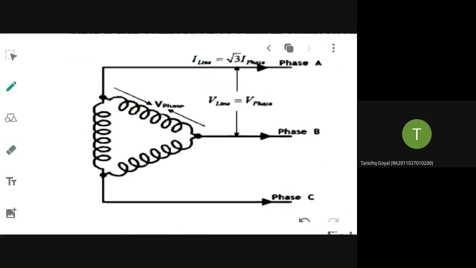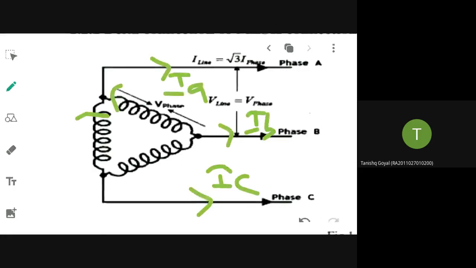Okay, this is IA. Now if you see this, this is A phase. This is C phase. This is B phase. So what is this current? IAC, no. This current?